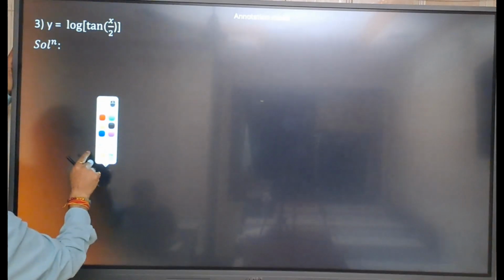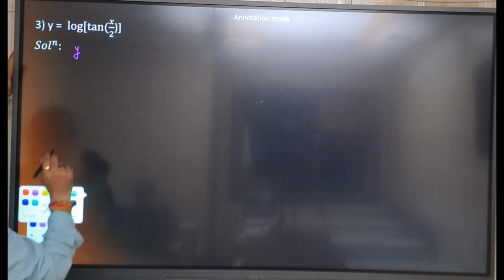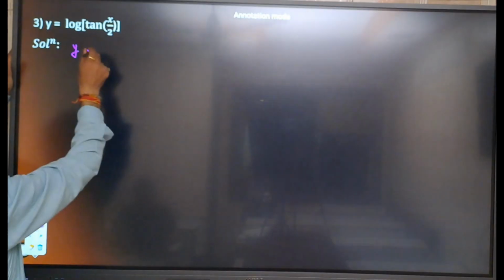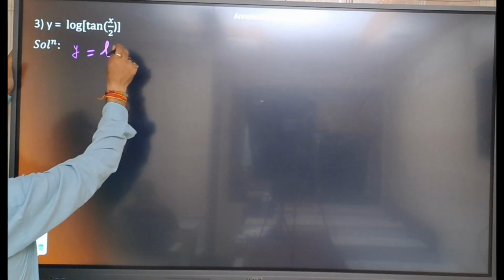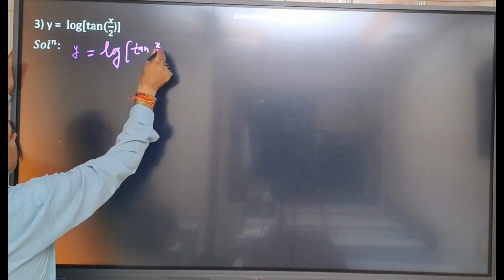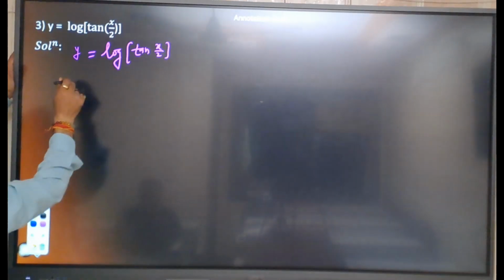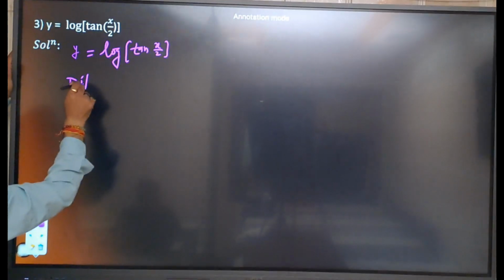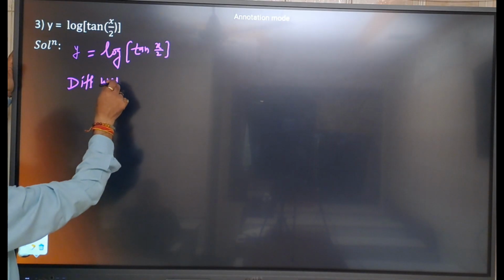Y is what? Log of tan (x by 2). Outside is log. So first we'll take derivative of log. Differentiating with respect to x.